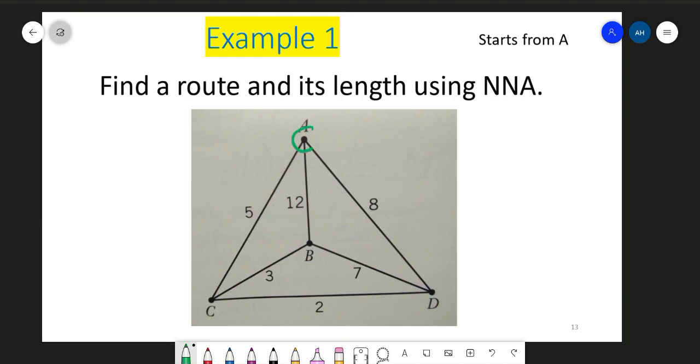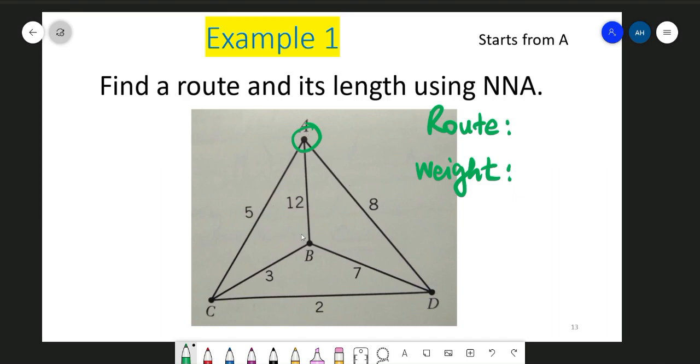We start at point A. What I have to do is write down the route, and also the weight. Since we are looking for the nearest vertex from A, A to D is 8.